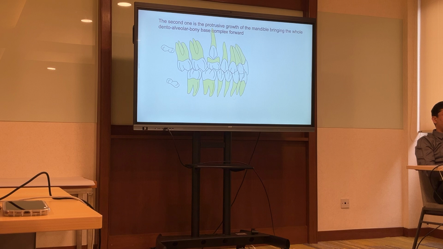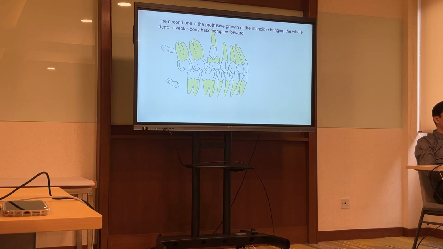Okay? Second is your growth of mandible. As the mandible grows forward, the mandibular teeth also will go forward. Are you understanding? The position of the lower 6 is influenced by two drivers. One is the E space, second is the growth of the mandible.